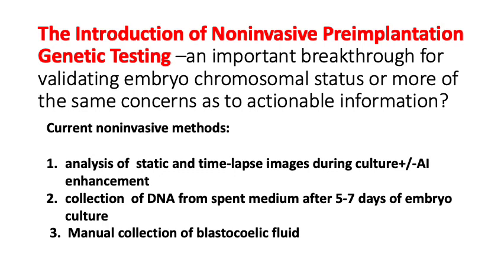So you have now a data set separate from what you've seen that can be used as an assist for selection purposes. More recently, there's a collection of DNA from spent culture media after 5 to 7 days of embryo culture.